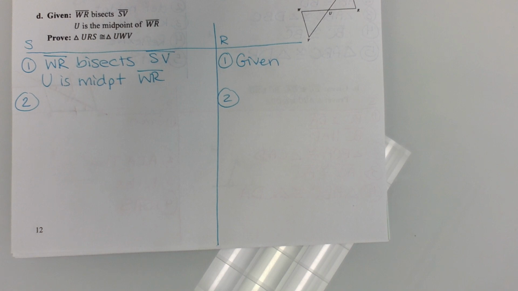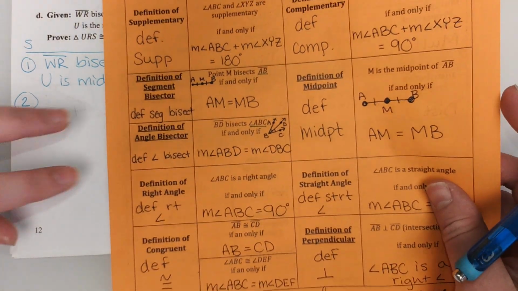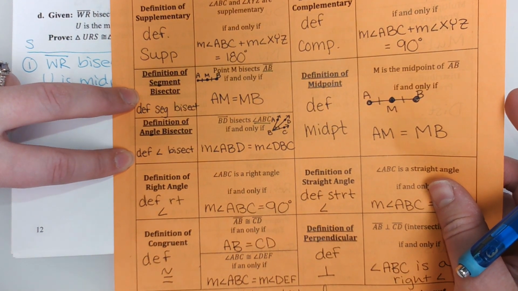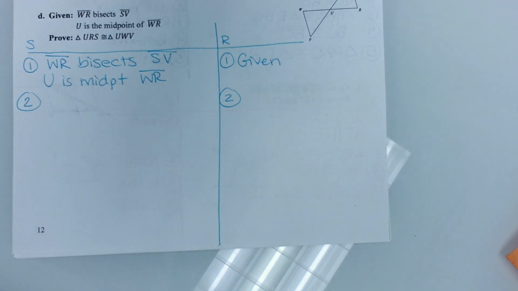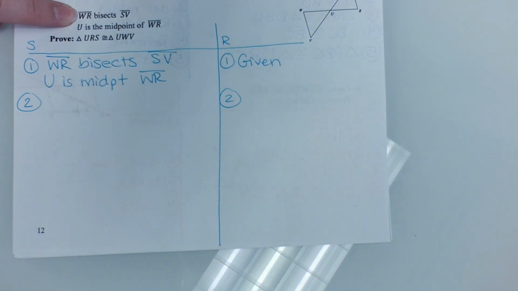I see words. Do you see words? I see bisects and I see midpoint. Bisects shows up in two forms. There's angle bisectors and segment bisectors. Is that angles or segments?